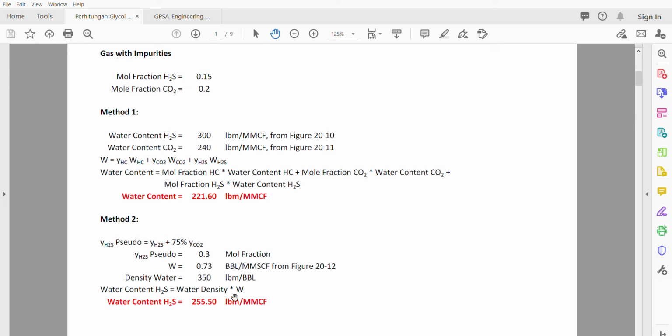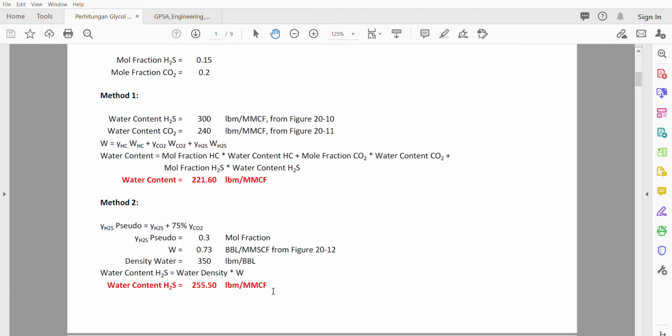So we have a water content of everything with H2S in it. And it's not just H2S, but all of the gas. So water density 350 multiply by barrel per million cubic feet of 0.73. So we end up with 256 pound mass per million cubic feet. That's number 2.